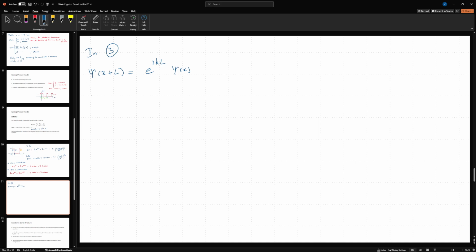So in region 3, therefore, psi of x is equal to e to the power i k L times a e to the power, now remember, x plus L takes me back to x.